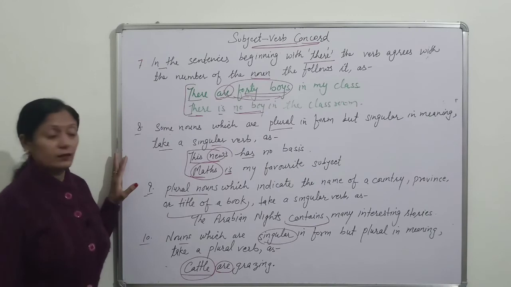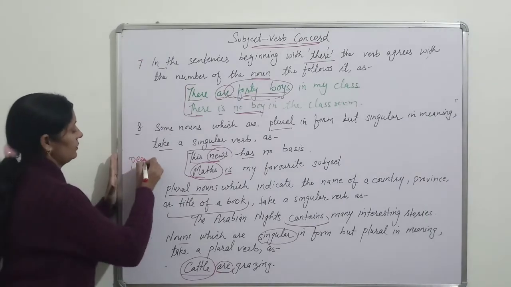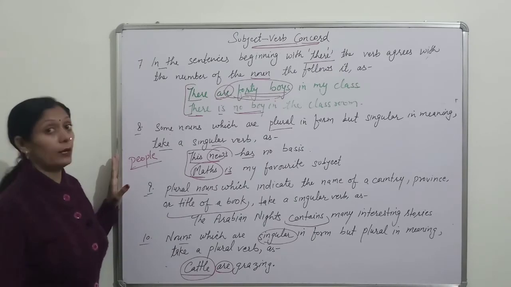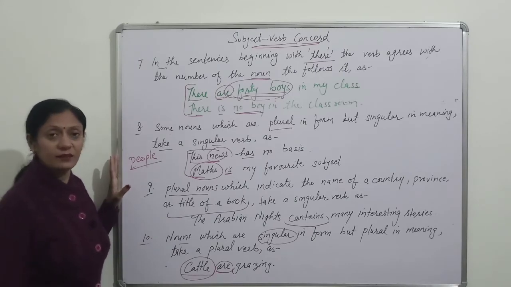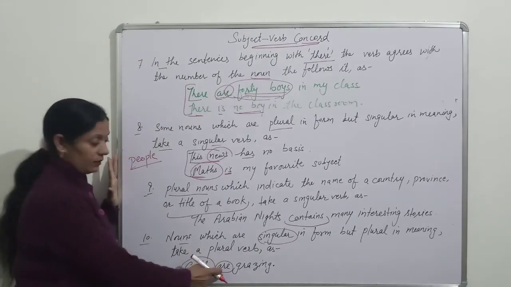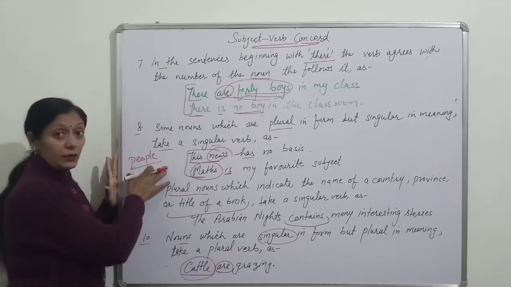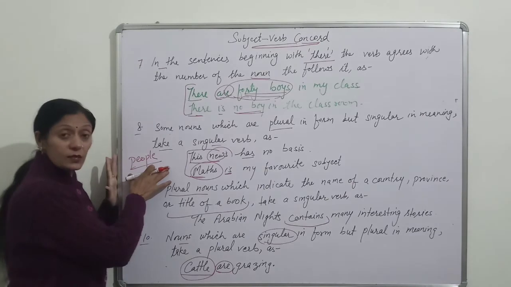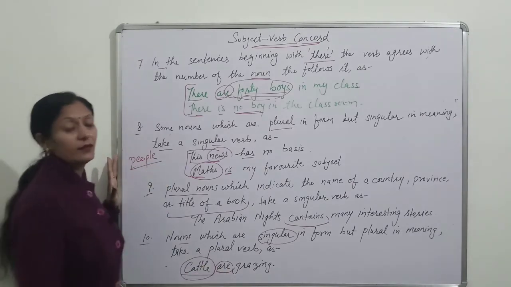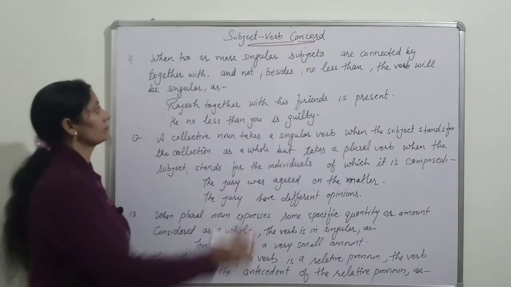People, it seems this one is a singular word but we say people are, people were. Like this, it seems singular but it's plural in meaning, it has a plural sense, so we use a plural verb.